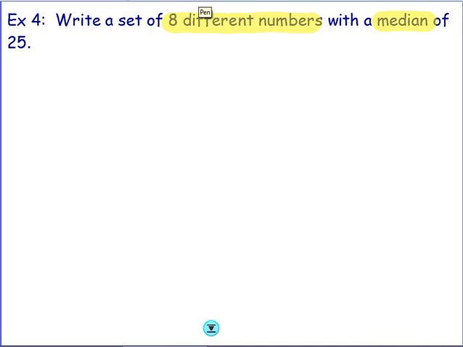I like to use fill in the blanks here. I'm going to draw 8 blanks. Now, if I was to find the median of these 8 blanks, don't know what they are, but we're finding the median. We'd cross off 1 from each side, and we would realize that there are 2 middle numbers.